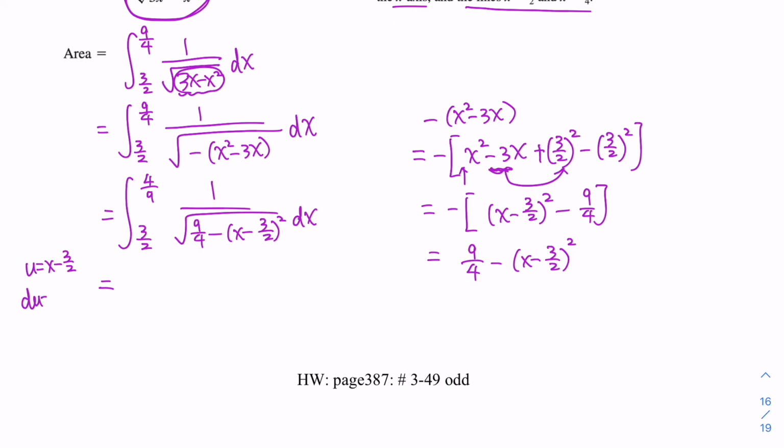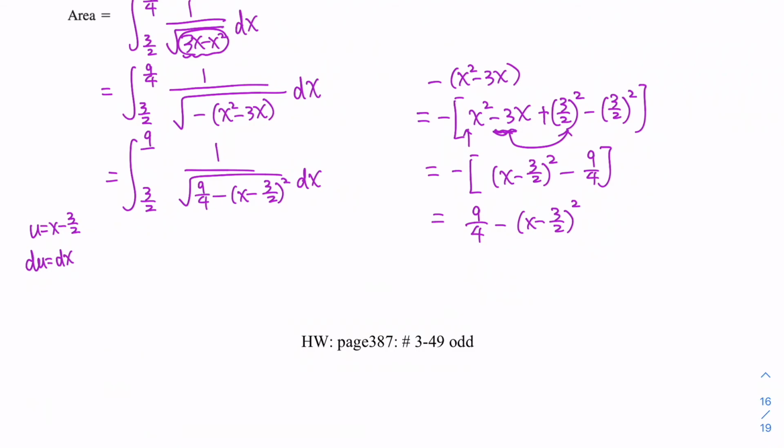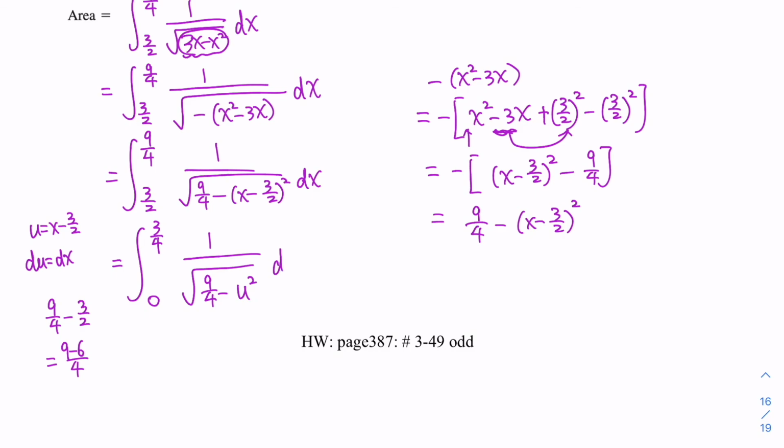So du equals dx. After we define u and du, the lower limit will be 0. And 9 over 4 minus 3 over 2 gives us 9 minus 6, so 3 over 4. So we have the integral of 1 over square root of 9 over 4 minus u squared du.